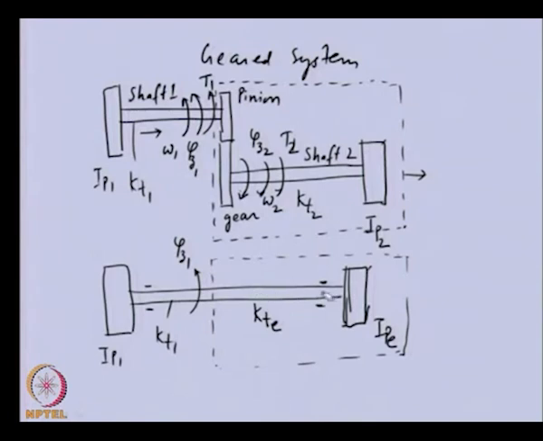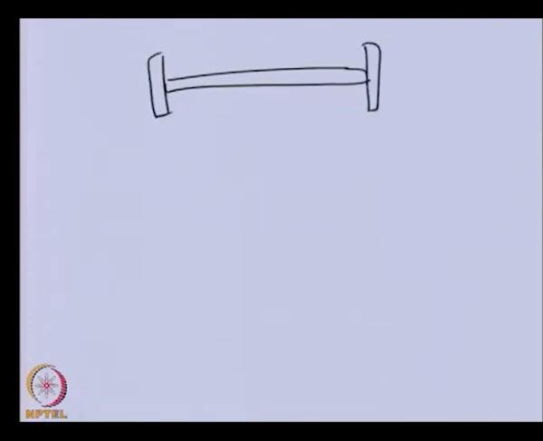Then, as we did earlier for the single shaft system, we can analyze the torsional vibration. I am not repeating that here. The only thing different will be the mode shape. So this is the equivalent system for the two rotor system which we obtained.